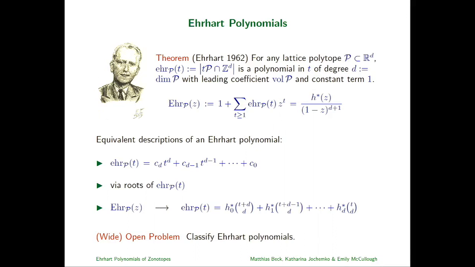That's how this function grows. The leading coefficient has to be the volume, because that's approximately how your lattice point count grows. He also proved that the constant term is 1. For you, I can tell you that this 1 is the Euler characteristic of the polytope. So this 1 is not just a simple number 1. This is a meaningful 1.